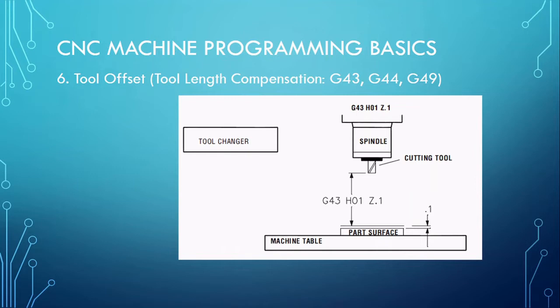And putting in a shorter tool than the datum tool will cause the spindle to go further down than the datum tool, which will result in a negative tool length compensation. So that is the G43 and G44. And the G49 is to cancel the compensation.